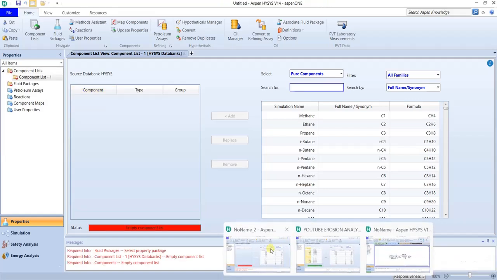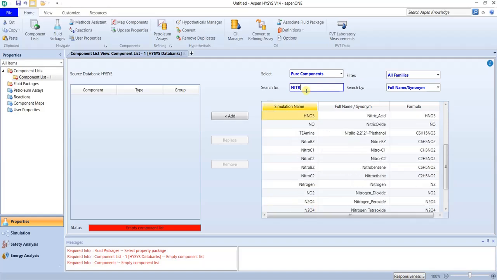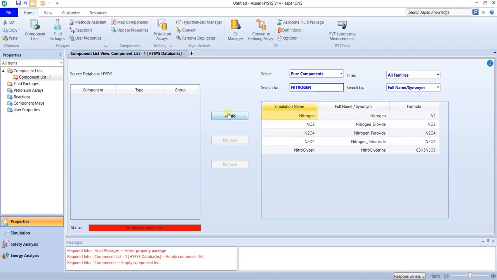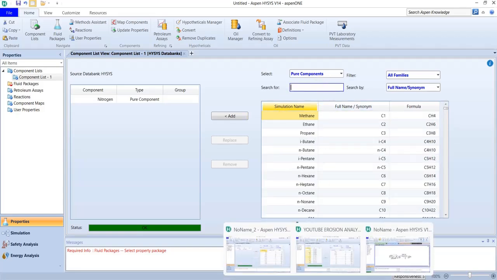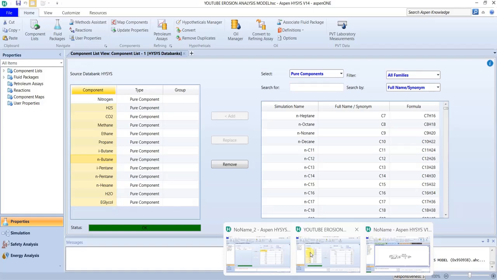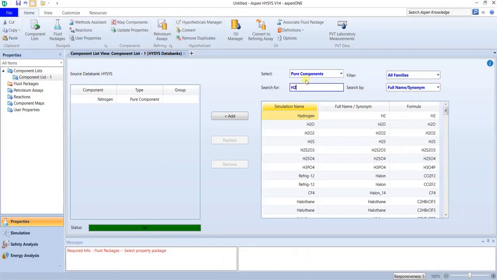So the first component there is nitrogen. That should be N2. Then let me see if I can paste the rest. No, it's not working. So we have to specify each of the components individually. So we have H2S and CO2. That should be easy.